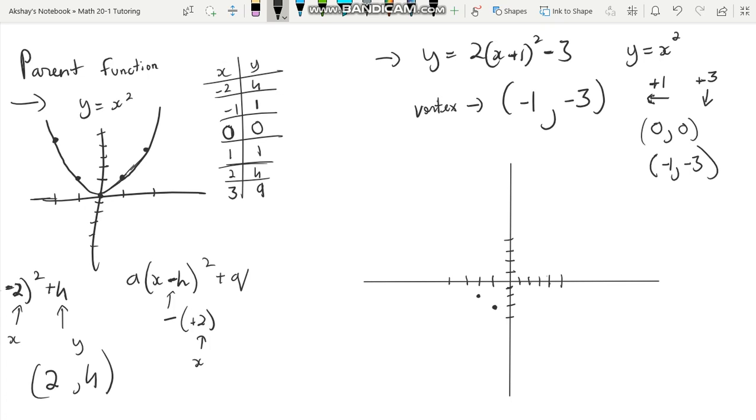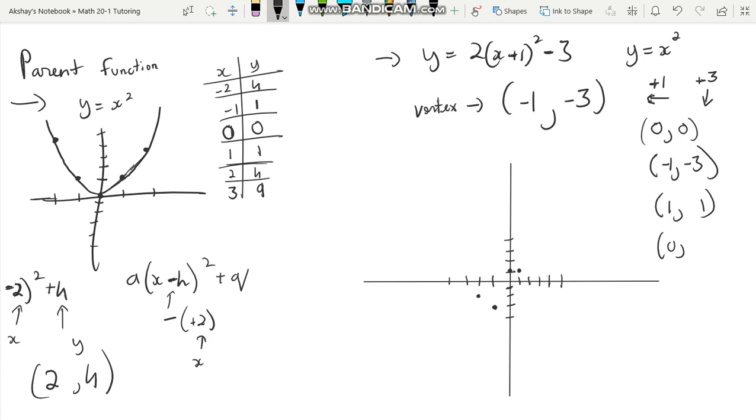Now let's take the point (1, 1), that's our parent function point. To transform it to our function given here, it moves 1 to the left, which would be 0, and that coordinate also goes 3 down.